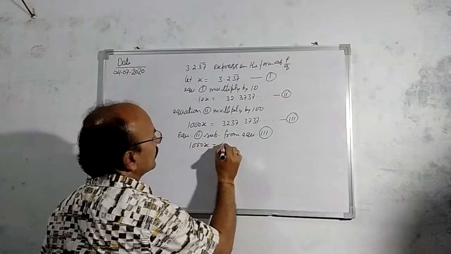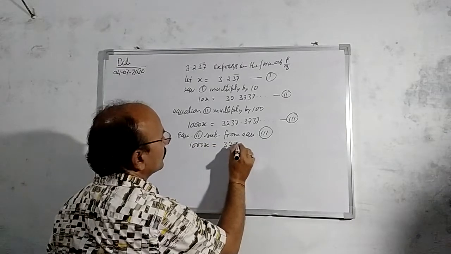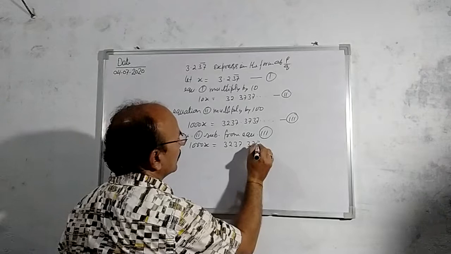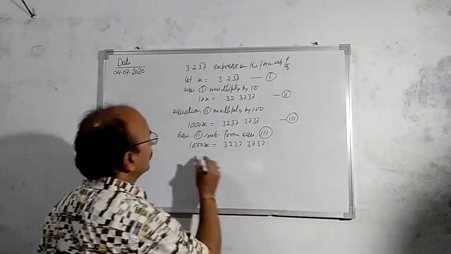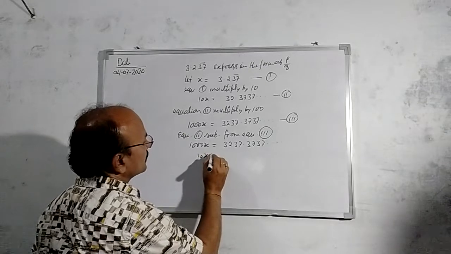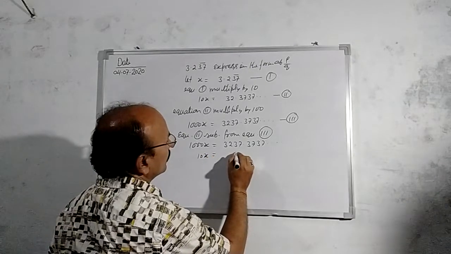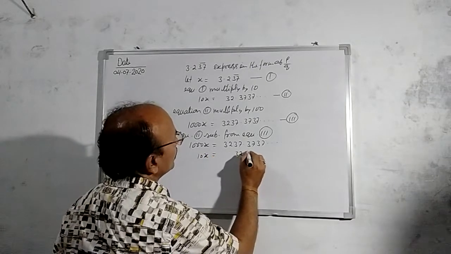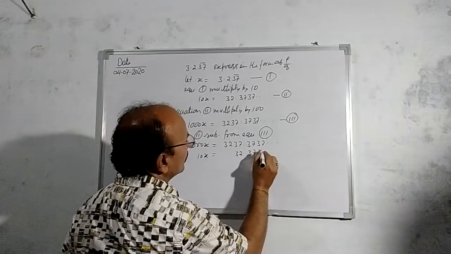1000x is equal to 3237.3737 and so on, and equation 2nd is 10x is equal to 32.3737.